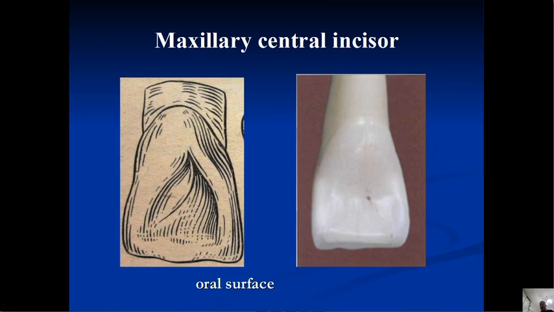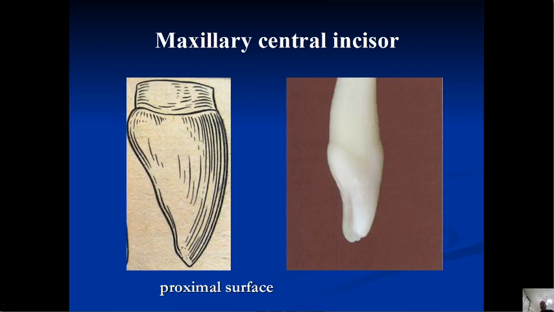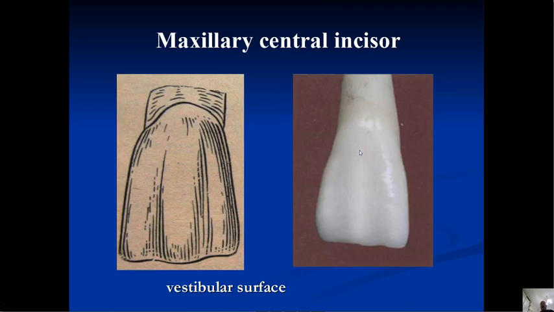So-called mesial part. Mesial or lateral, all of them we call proximal surface. This is from the right or from the left side. And also we have vestibular surface.